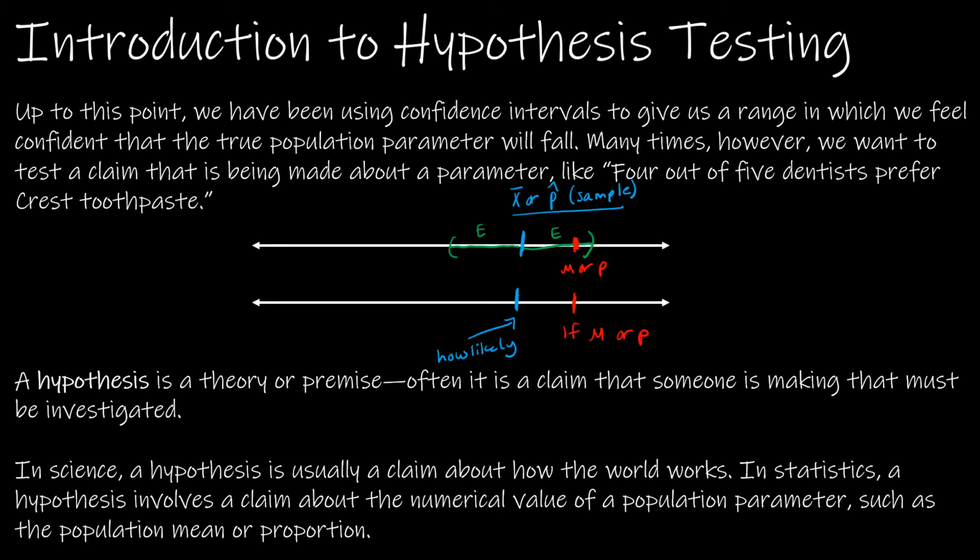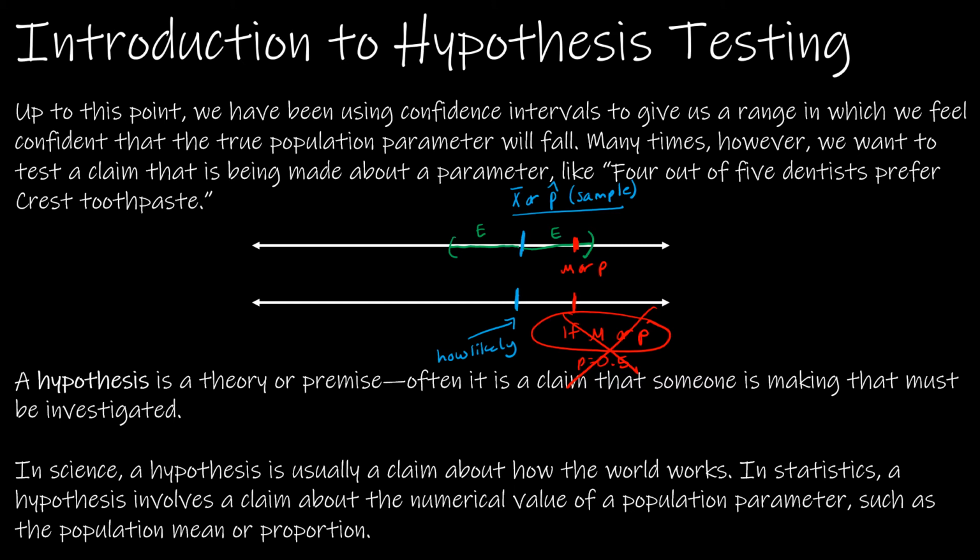So what the hypothesis test says is this mu or p, in this case p, of 0.5 is probably not true, because if it were true that I had a fair coin, that I was supposed to get heads 50% of the time, and I ended up getting heads 72% of the time, this is probably not correct. That's what a hypothesis test does.